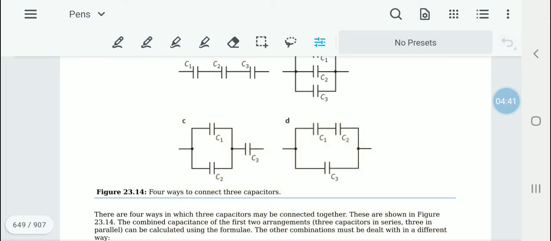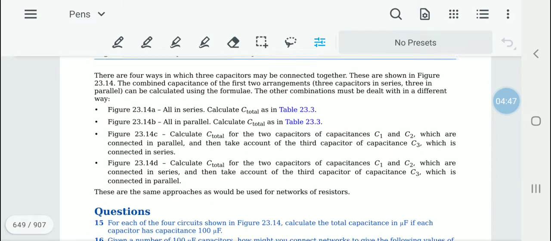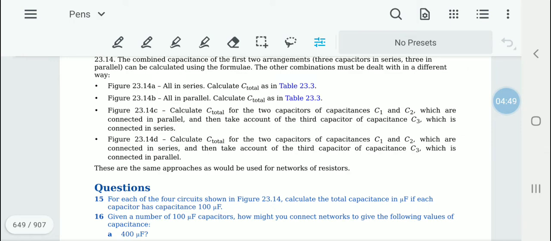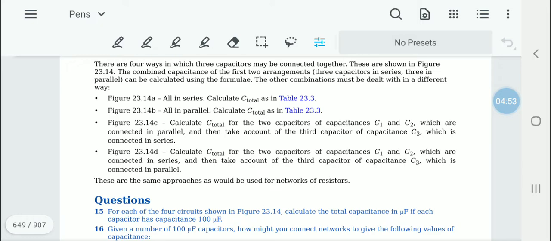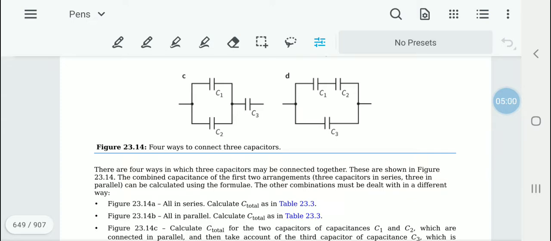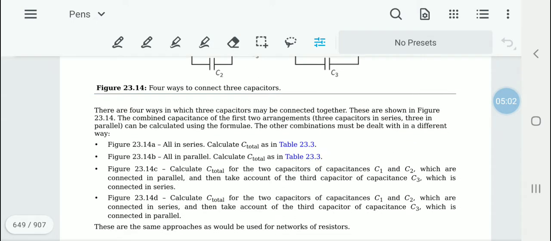Right. Then for the other one, you first find C1 and C2 and then add it to C3. That is what you do. C1 and C2 you combine by taking 1 upon C1 plus 1 upon C2, and after that you add it to C3. Let me do and show you.